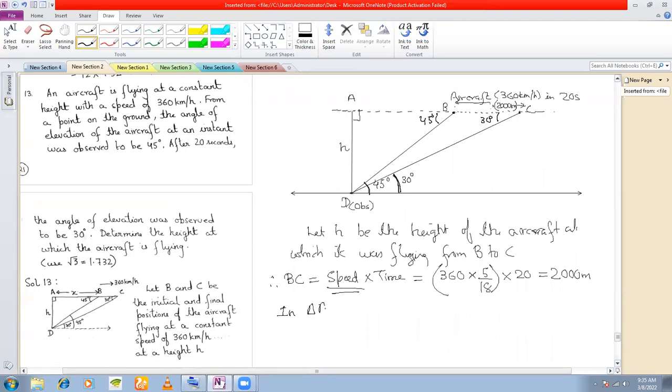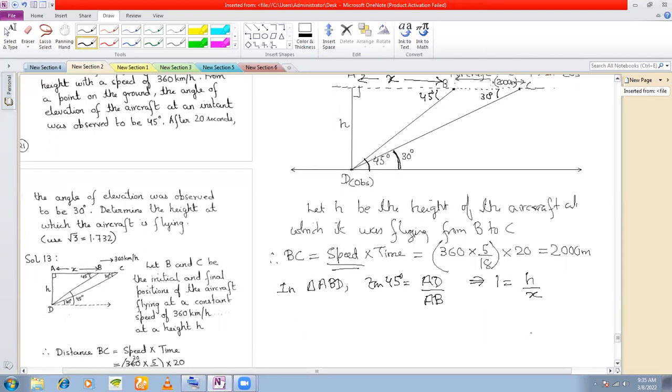In triangle ABD, tan 45 is equal to AD by AB. Let's take AB as X for convenience. So tan 45 is 1, AD is H, and AB is X. So you get H is equal to X. Call this equation number 1.